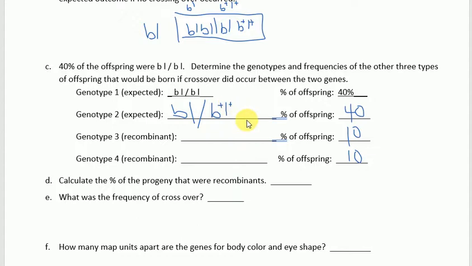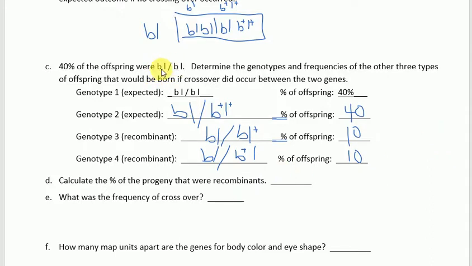So the recombinant, if crossing over occurred, you took a cross between those, we could have a BL with a BL wild, and we could have a BL with a B wild L. So hopefully you see what I did there.